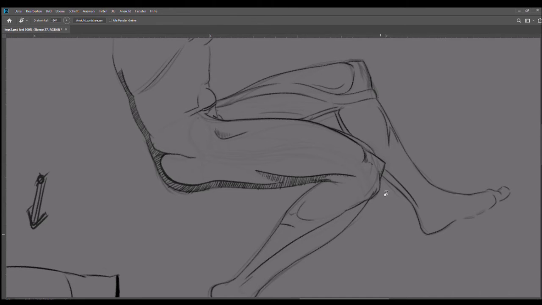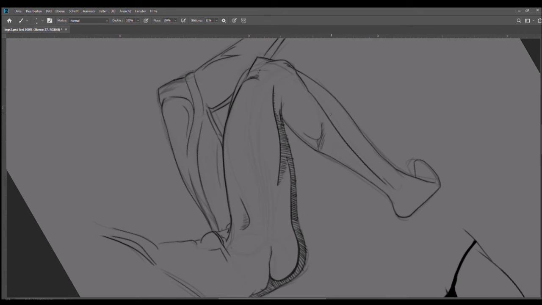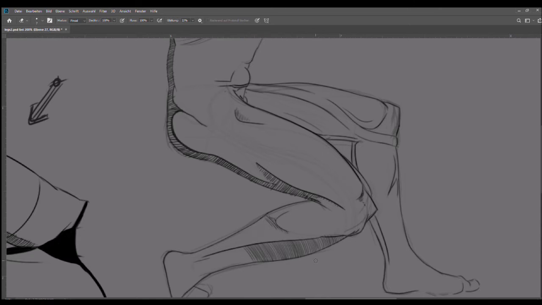Those construction lines, like I start with a basic line of the pelvis, and then I try to catch the gesture, the overall dynamic of the position. Those construction lines don't necessarily mean that they are exactly where the bones are, but they definitely can help you to place the bones.